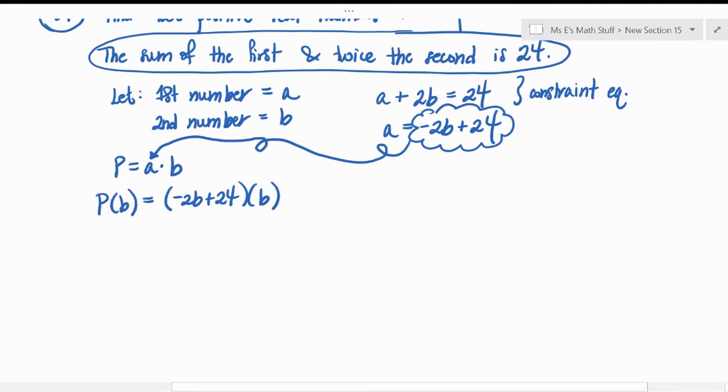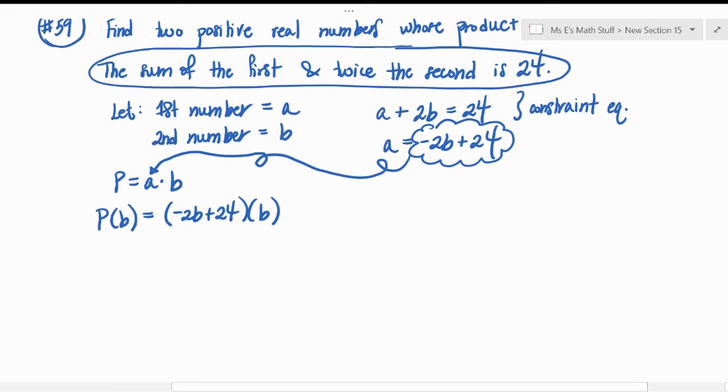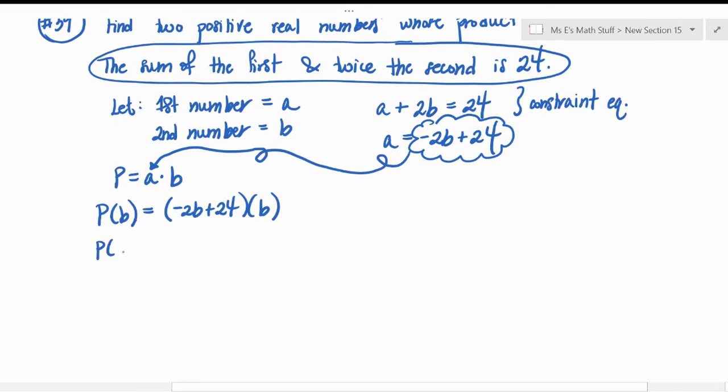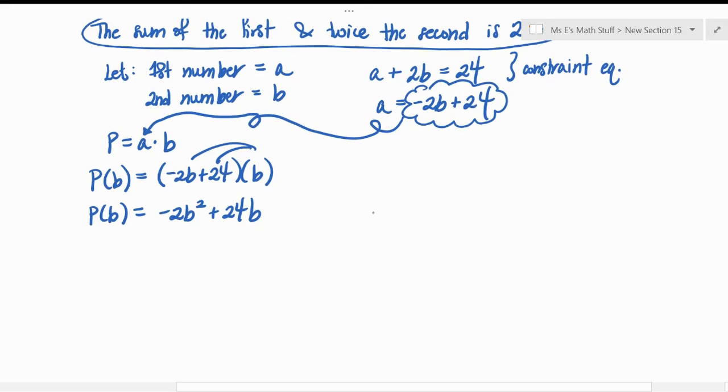Basically we're trying to figure out when this product is its biggest. If I distribute the B in, I'd get negative 2B squared plus 24B, which, if you graph it, would be a parabola, so it would have a maximum value. How am I going to find that maximum point of the parabola?